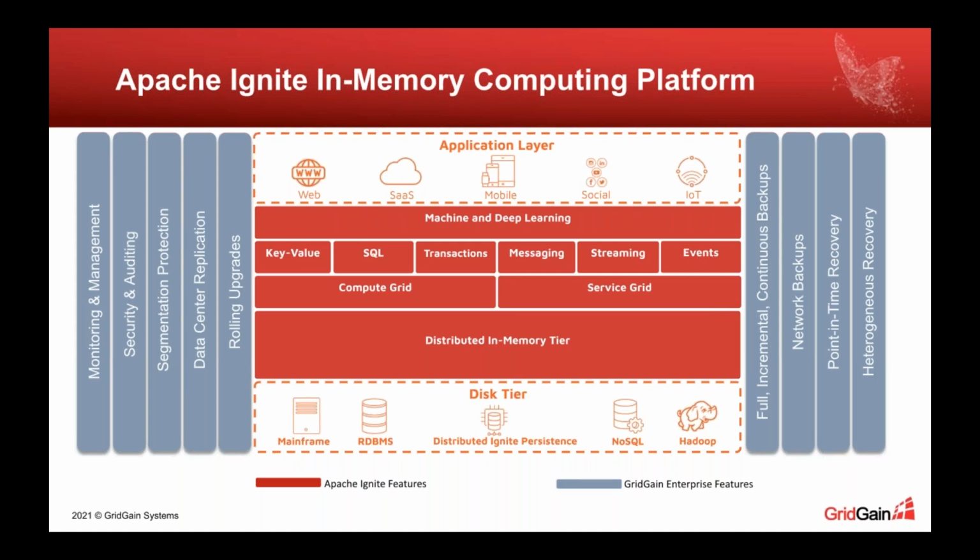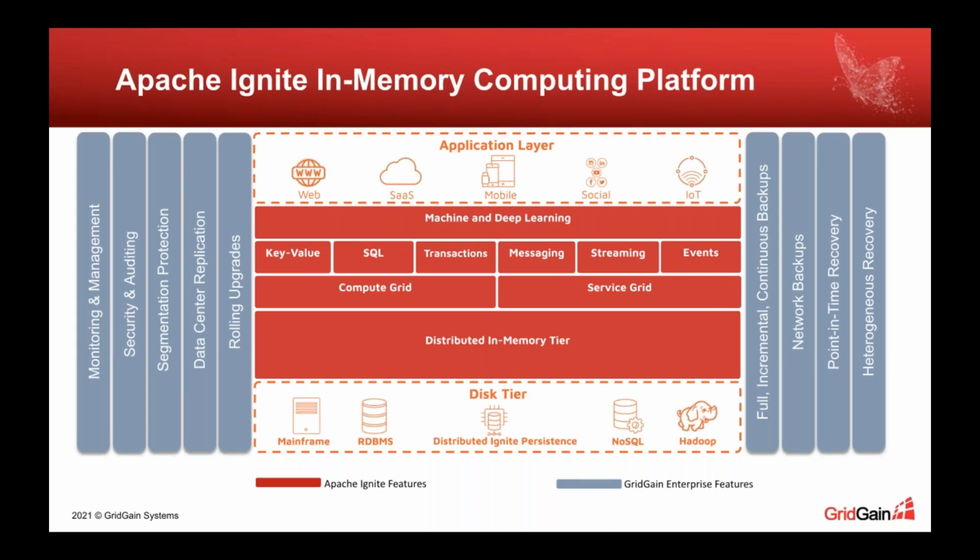At GridGain, we also provide some additional features on top of it, mostly for enterprise deployments, production mission critical deployments. These are the features like data center replication, which allows you to replicate the data across multiple data centers.